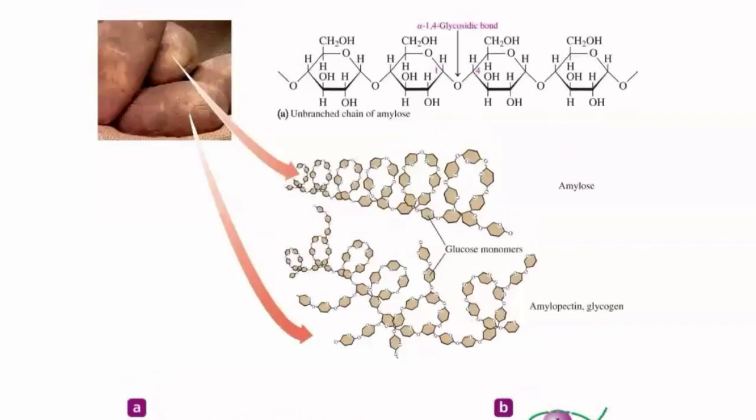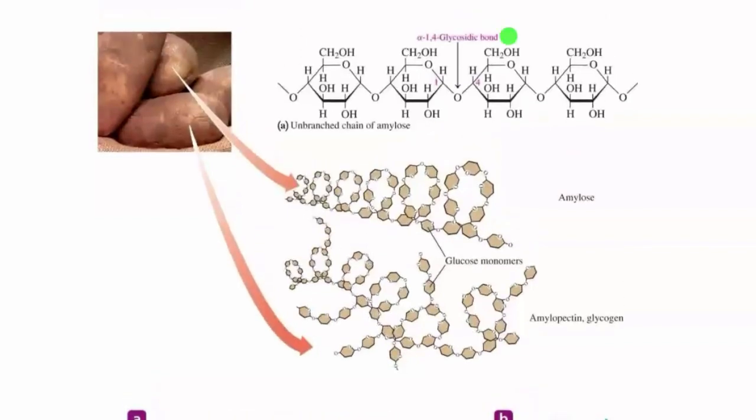it has alpha 1,4 glycosidic bonds, amylopectin has alpha 1,4 and alpha 1,6 glycosidic bonds.